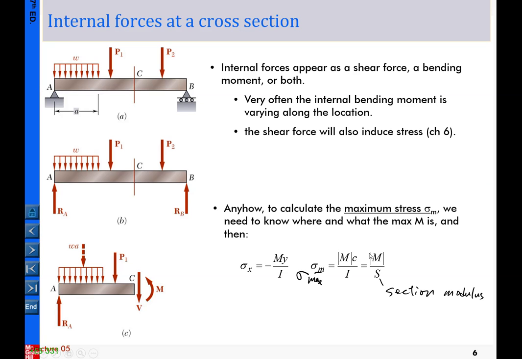That is why we want to know the distribution of the moment as a function of x, measured from here. So we want to find the maximum of the bending moment, and that is one example supporting our learning objective of drawing the bending diagram.